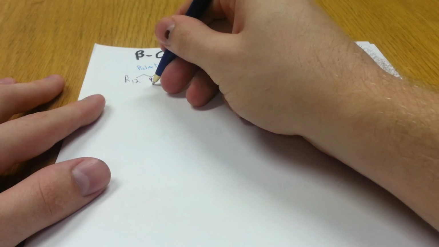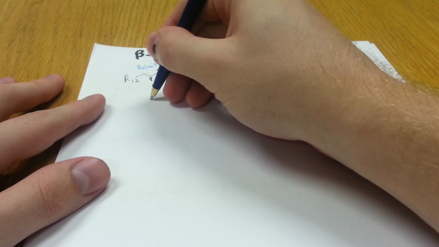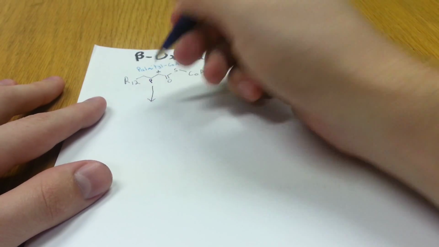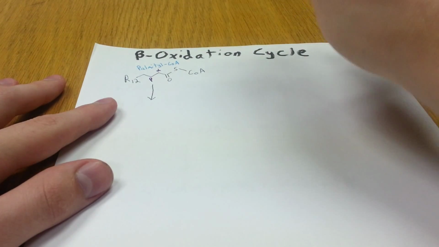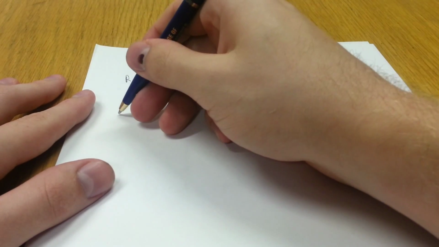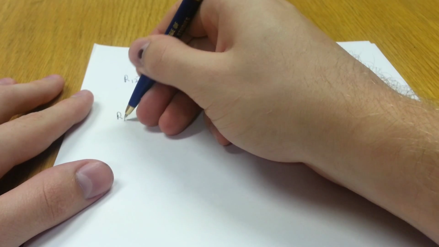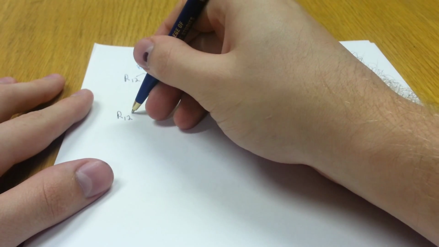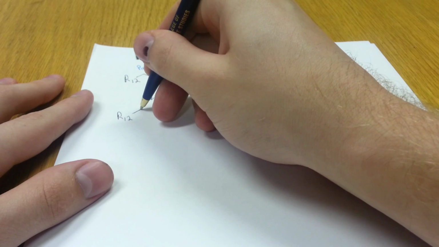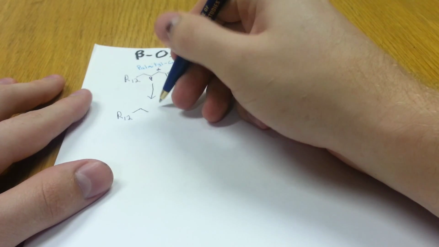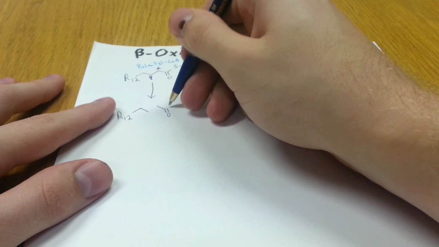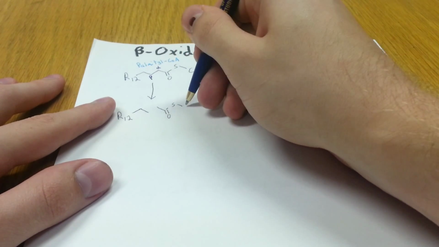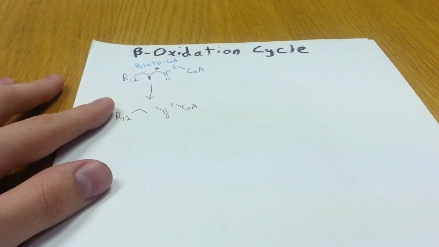So this is the first step here, and I'm going to be writing this in a downward way, and then we'll cycle back up to the end, because you can really see how slight the changes are between the reactions. So in this first reaction, we've still got our 12 carbons, and between the alpha and beta carbons, we now have a double bond, and I will write that in a different color for you guys.